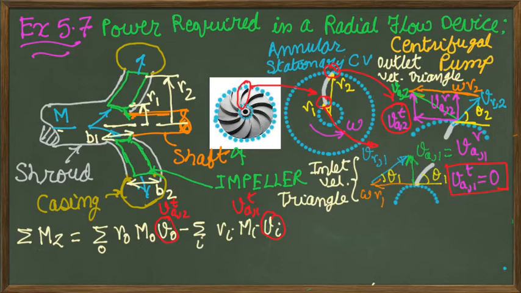So we have the product of mass flow rate and the tangential component of the absolute velocities, which are shown here. At the inlet it is 0, so this term will become 0.